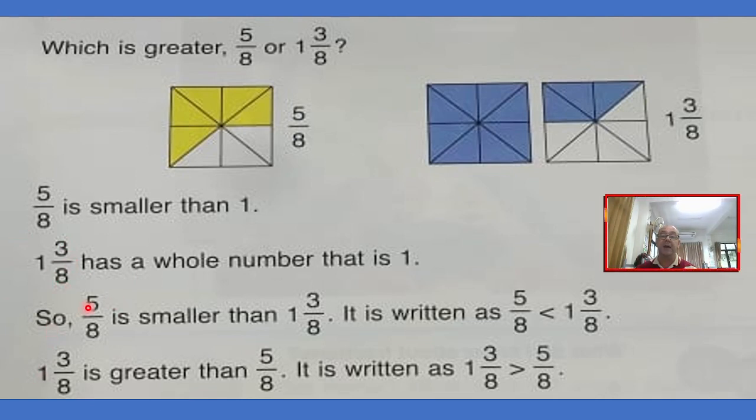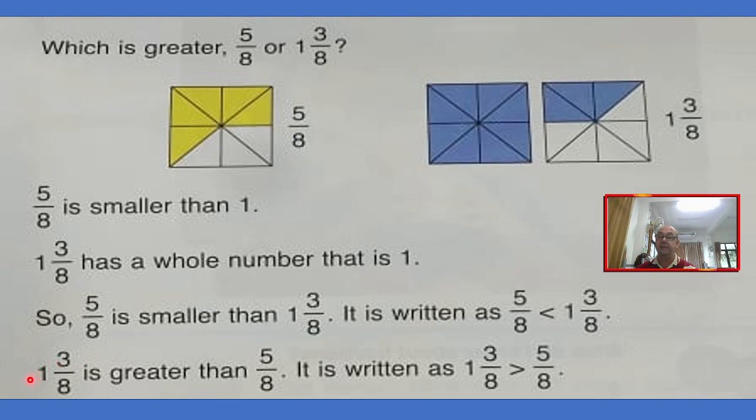So 5 over 8 is smaller than 1 and 3 over 8. It is written as 5 over 8 lesser than or smaller than 1 and 3 over 8.